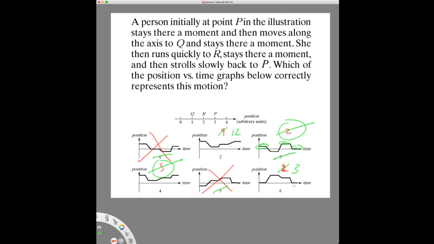How about number 6? Anybody have problems with number 6? Because we still have several votes on number 6. Wyatt? Based on the numbers assigned to Q, R, and P, it shouldn't start at 0.